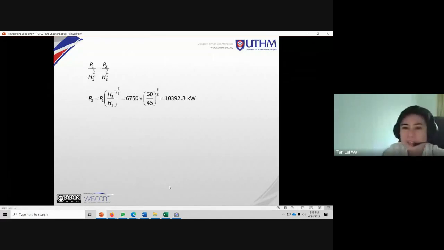And then after that, since you already have power, both are mechanical power for the turbine. Don't get confused. This is not about input and output. This is actually mechanical power. Look at this. The mechanical power for turbine 1 is 6,750, which is provided. So now you are looking for mechanical power for turbine 2.